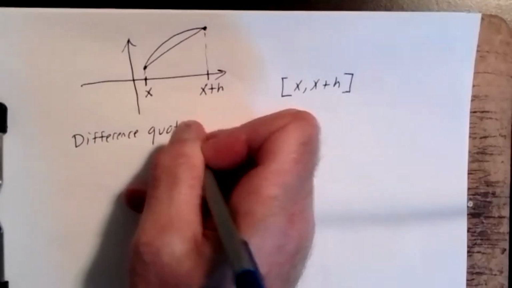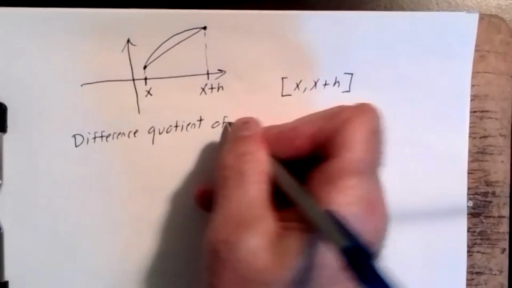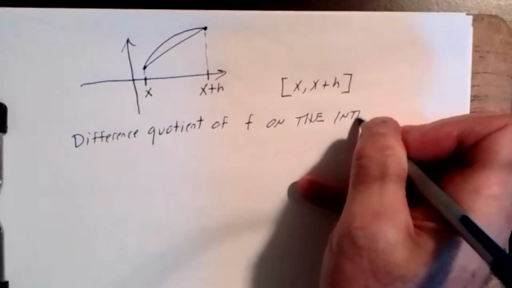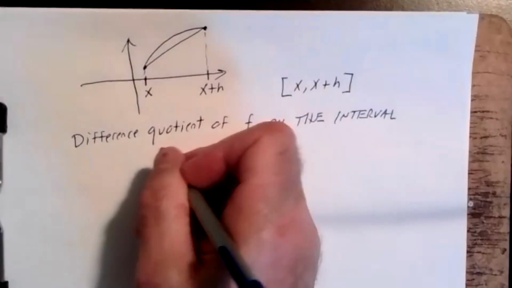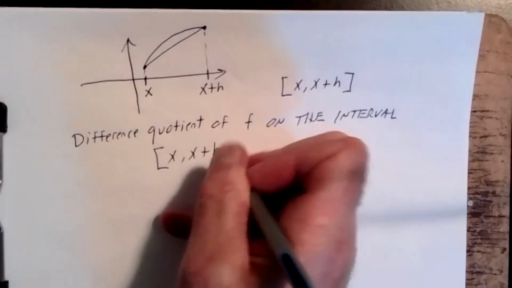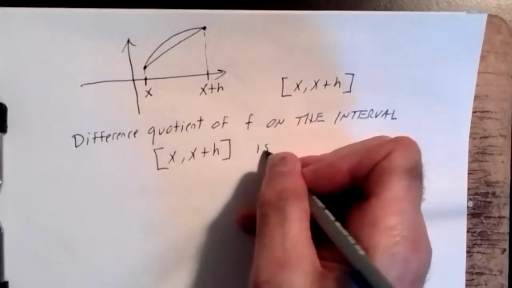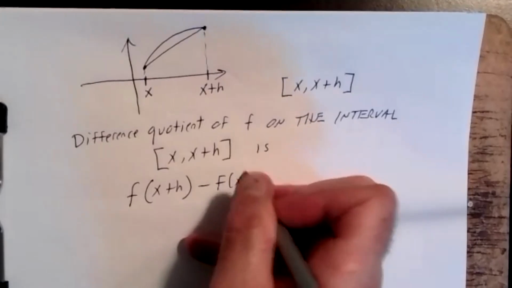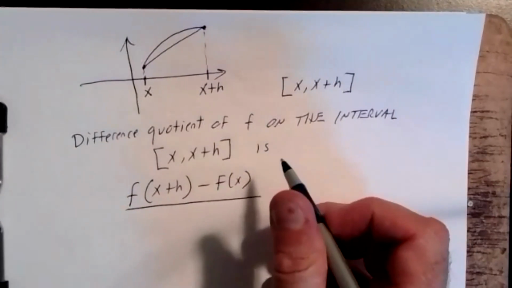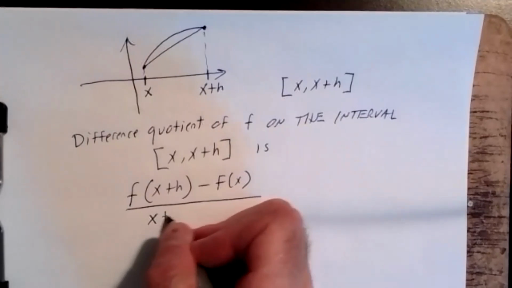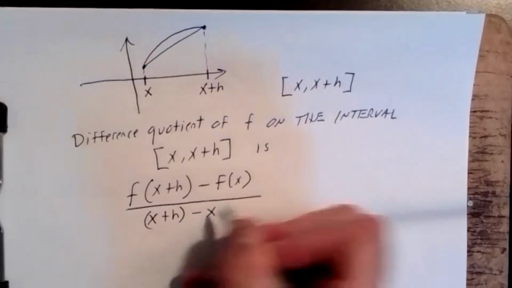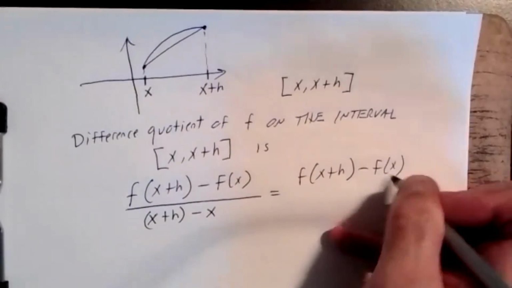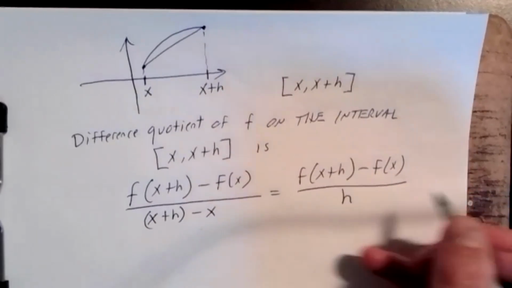All right. And therefore, we say the difference quotient of function f on the interval from x to x plus h is going to be f of x plus h minus f of x divided by x plus h minus x, which simplifies to f of x plus h minus f of x divided by just h.